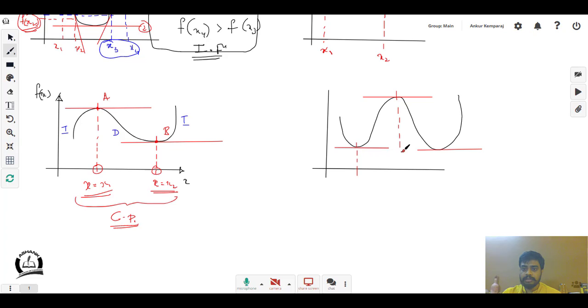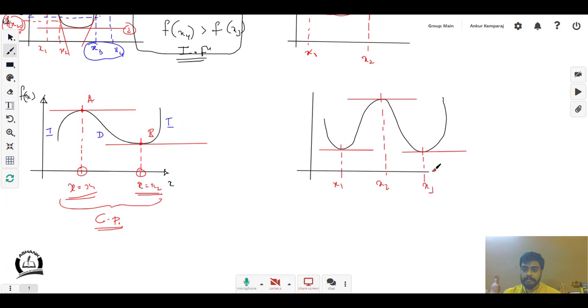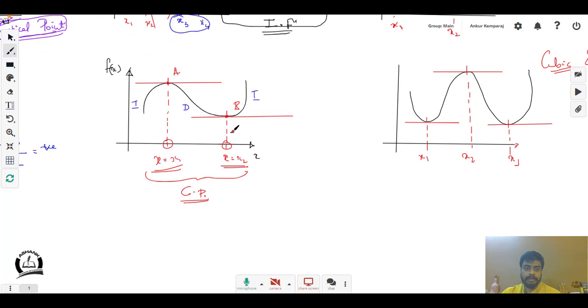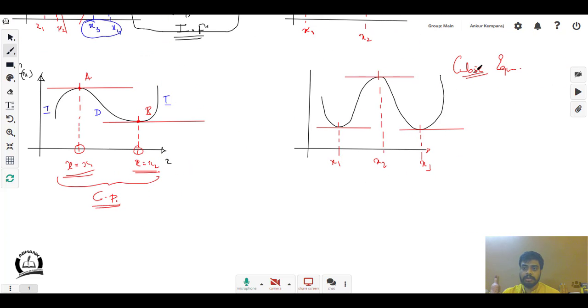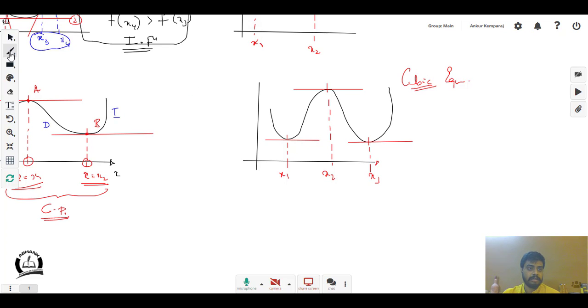You will notice there are 3 critical points here. Let's call them x1, x2, x3. Also, if you made an observation, this is a cubic equation. Oh sorry, this is not a cubic equation. This is a biquadratic equation. Let me correct that.